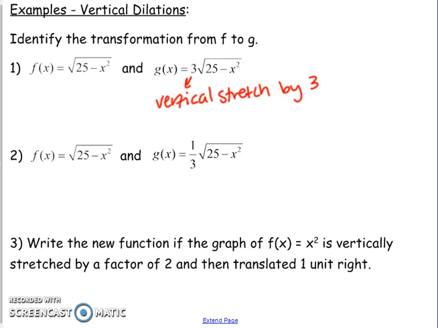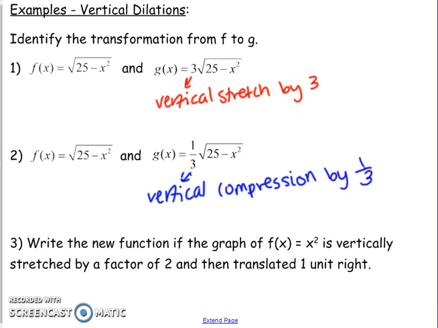Then the next one, the only thing that's different is this 1/3. That's a fraction, so that's going to be a vertical compression, and it's a vertical compression by 1/3 because that's the number.